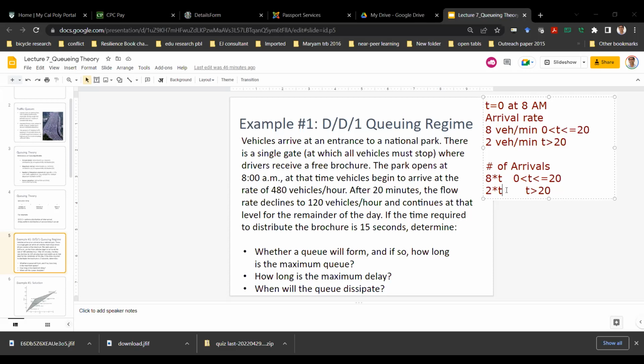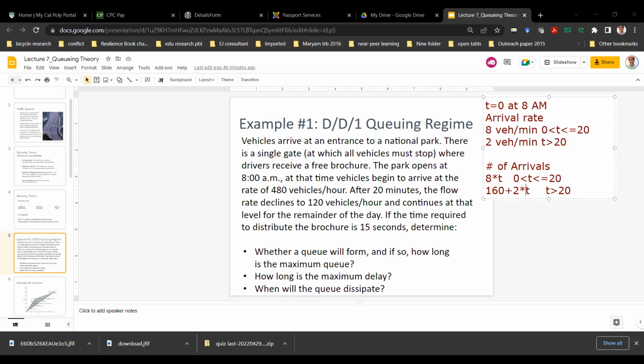I don't. So that means when I'm writing this number of arrival equation, that equation is not quite correct, right? So what's the problem? That's exactly right. If you're representing the total arrivals, you should say it's 160. That's the vehicles that would have arrived within that t equal to 20-minute period, so you have to account for those. It can't just be 2 times t, because even this is not correct.